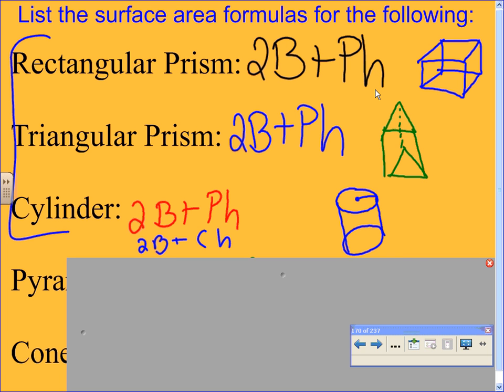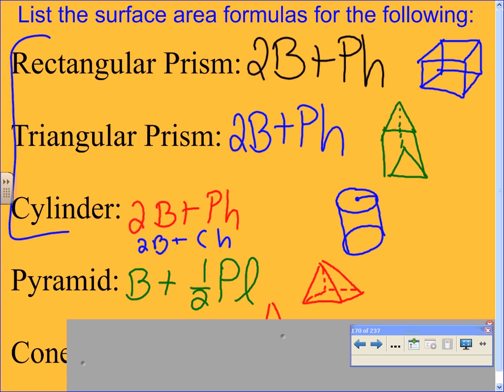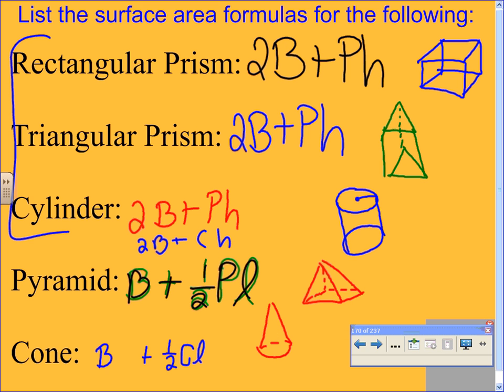Matt, what about pyramid? Good. So this is kind of hard to see, but B plus, let me rewrite this, 1/2 PL, perfect. And then cone, Mary? Good. So again, these bottom two are grouped together.